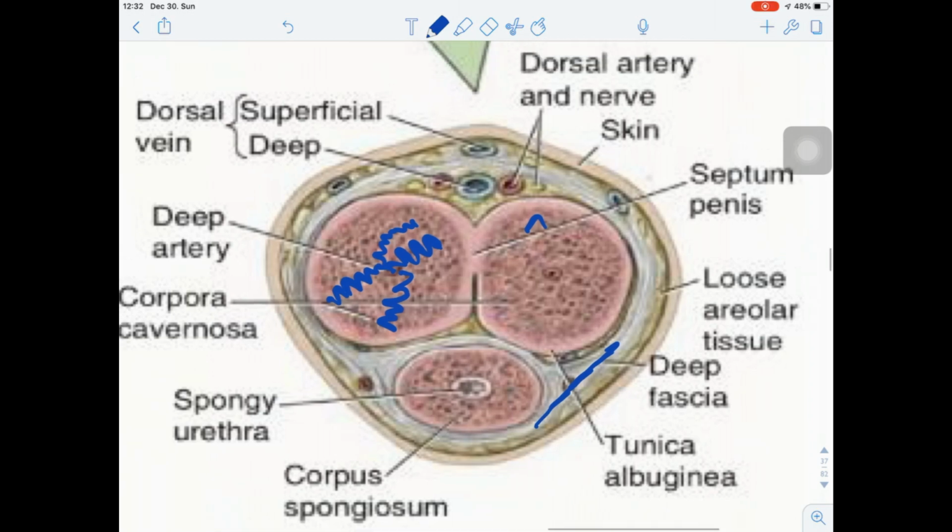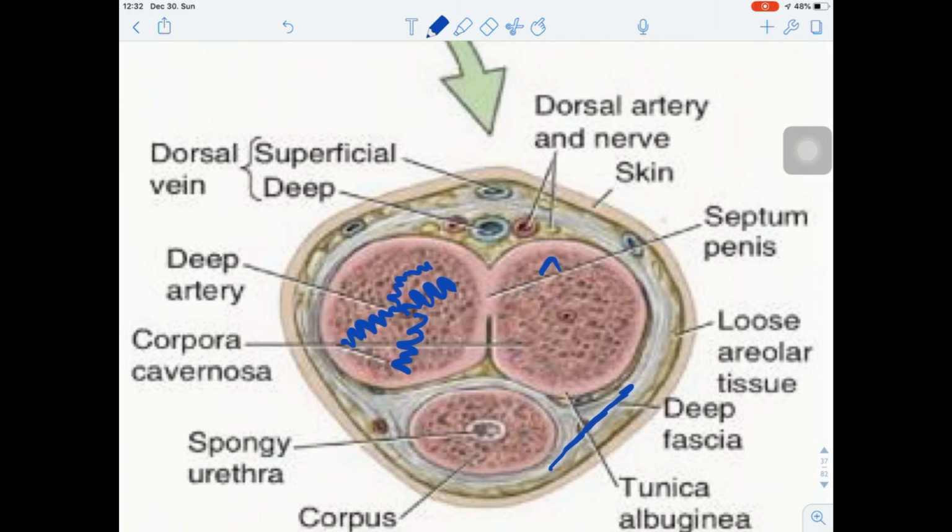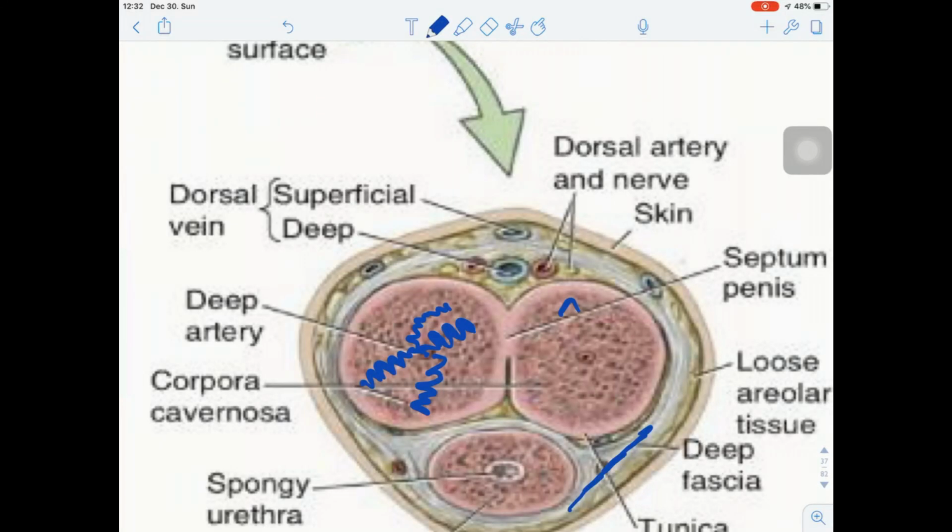Once you're looking at the dorsal side, deep to the deep fascia, you've got the deep dorsal vein of the penis in the center, in the middle, that's important.